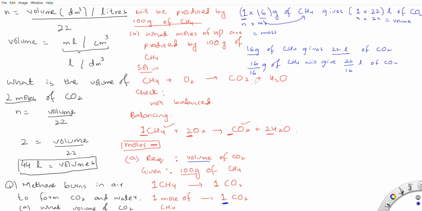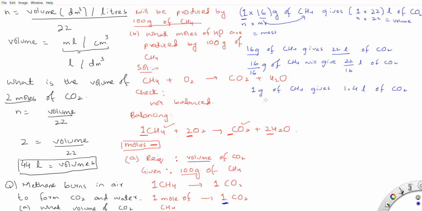So this becomes 1 gram of methane gives 22 divided by 16, which is 1.375. It can be approximated as 1.4 liters of carbon dioxide.